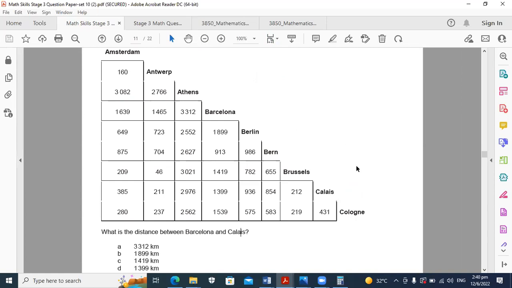First of all, do you understand the table? You have to understand the table first. Anybody figure it out?